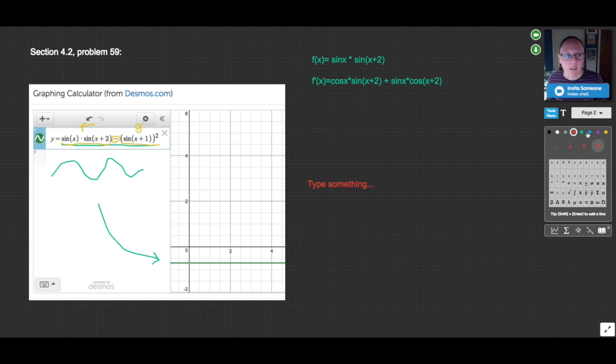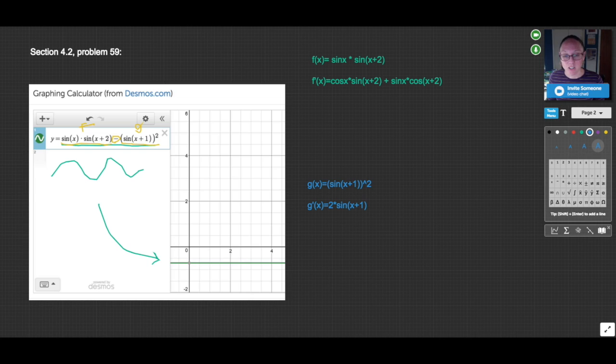If I come down here and let g of x be equal to sine of x plus 1, whole thing squared. When I take g prime, this time I'm using chain rule so that 2 comes down from the exponent, and that'll be times sine of x plus 1.